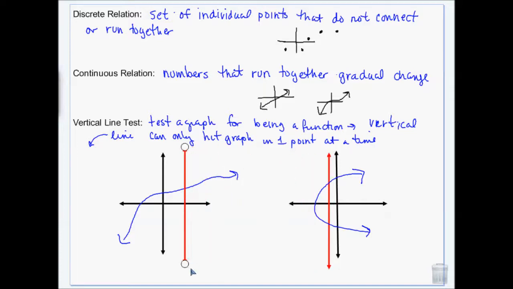So 1 spot okay, 2 spots not okay. So this is a function, not a function.